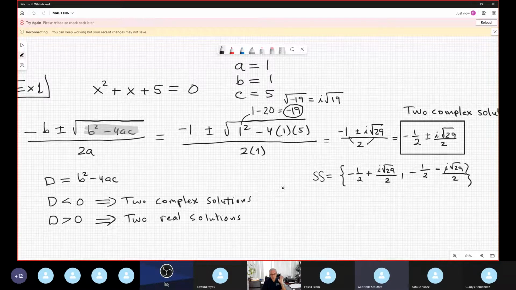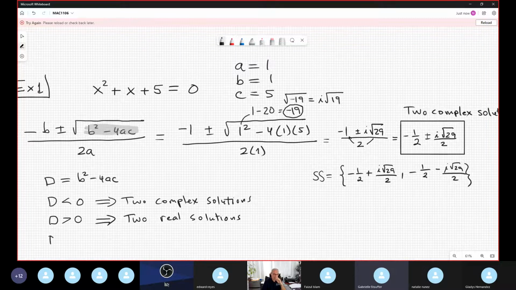This is not a problem. I cannot detect this, but it is too complex. And if the discriminant is 0, which is very, very weird but happens, it is because this trinomial is a perfect square and we have only one real solution. Actually, it's 2, but repeated.